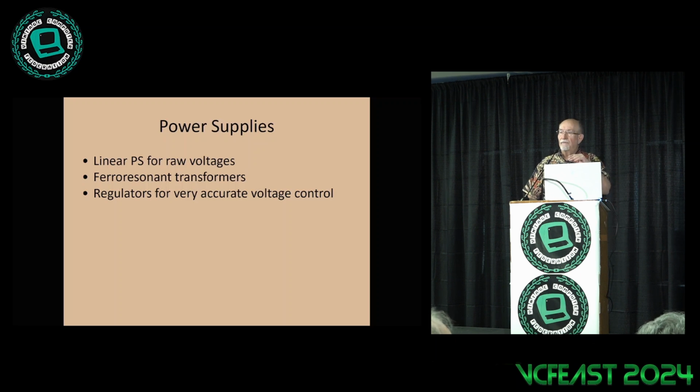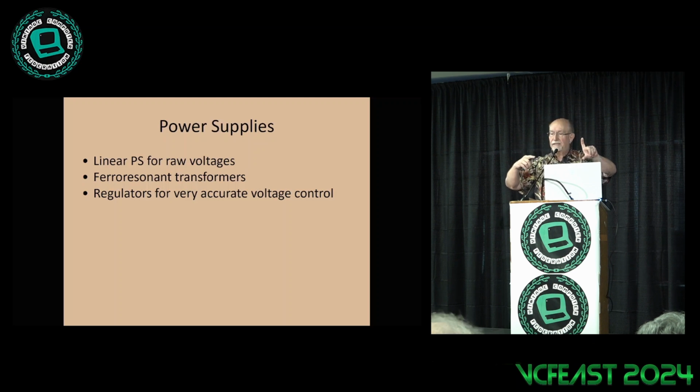Now, if you don't need the voltage to be very precise, almost exactly 3 volts, then they would use ferroresonant transformers. So that looks like a regular power transformer, but it's bigger, heavier, and more expensive. And it has a capacitor across it that causes the iron core to be saturated. So it's in resonance and the core is saturated.